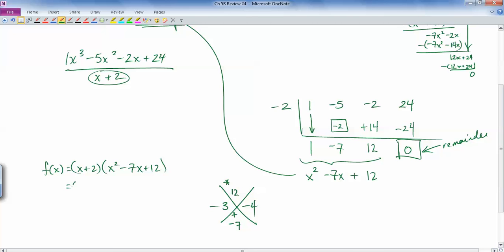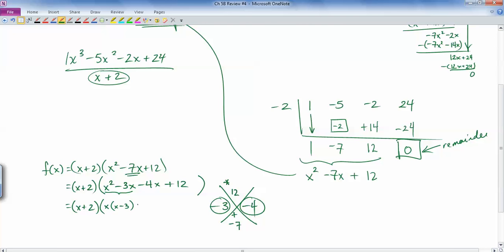So let me just rewrite that first term, x plus 2. And then I'll put big parentheses around the whole thing. I'm going to split the middle term. Negative 7x turns into negative 3x minus 4x. So it's x squared minus 3x minus 4x plus 12. And then I'll rewrite x plus 2. From these two terms I can factor out an x, and I get x minus 3.